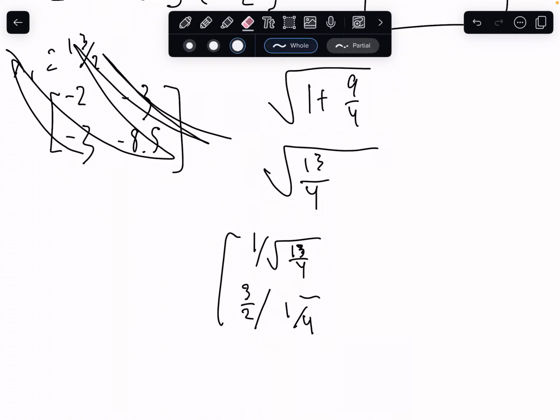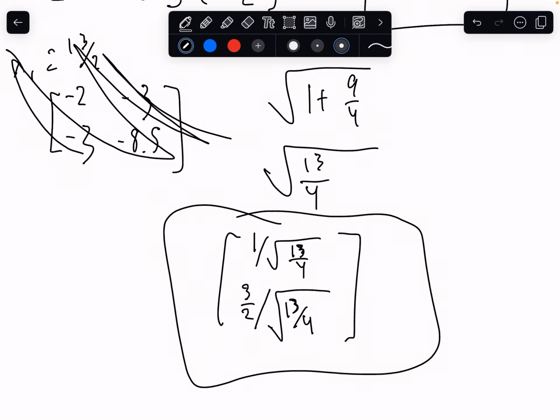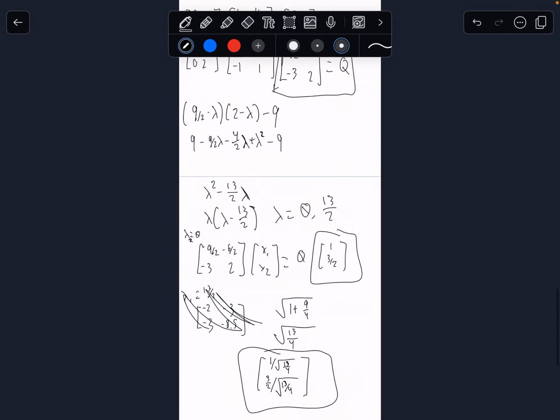That whole thing is the answer. Okay, and then this is the answer to number 10. It's a bit longer.